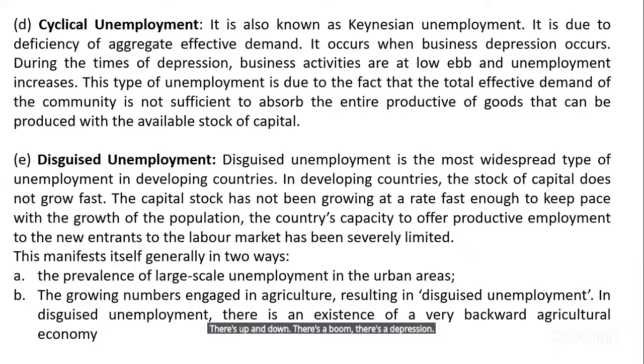During the depression, there are going to be huge numbers of unemployed people, business activities are at a low ebb, and unemployment will increase. But during the boom, business activity is going to be on the high side, there will be much employment of labor, and unemployment will be reduced.